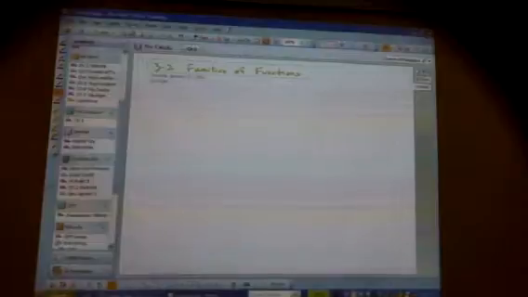I got this idea it must have been pretty important because it was used over and over and over again, okay? So let me tell you what I have learned even since I've been out of school and actually been teaching. The concept of a function is really very basic, okay?